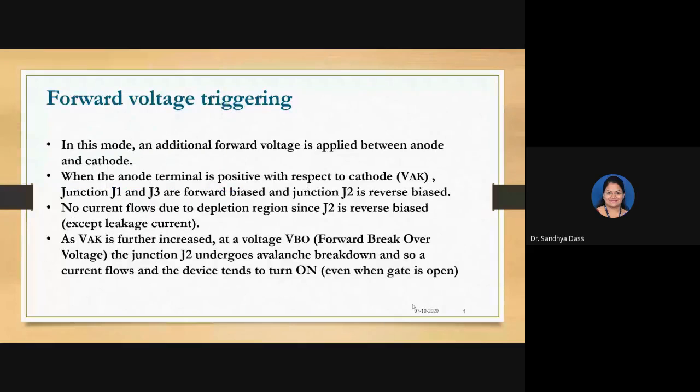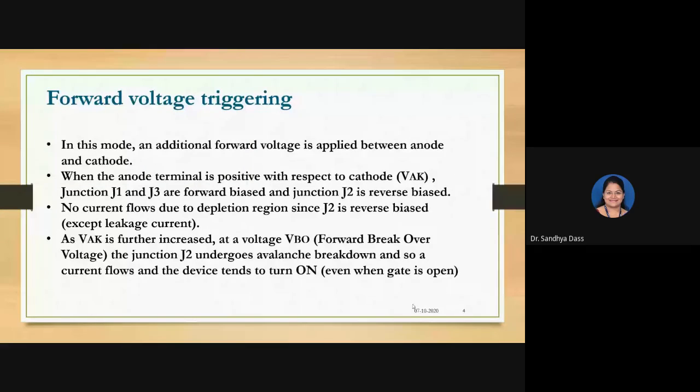All right. So first, forward voltage triggering, we are already familiar, where we apply the voltage across anode and cathode. We know that when we apply voltage across the anode and cathode terminals, junctions J1 and J3 will be forward biased and junction J2 is reverse biased. In that condition, because of the depletion region, J2 blocks the current, or there is no current flow, except some small amount of current due to minority carriers, which we call leakage current.